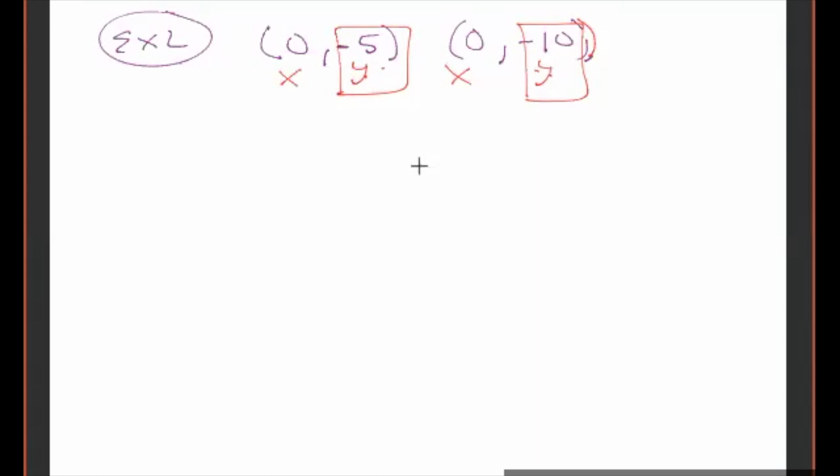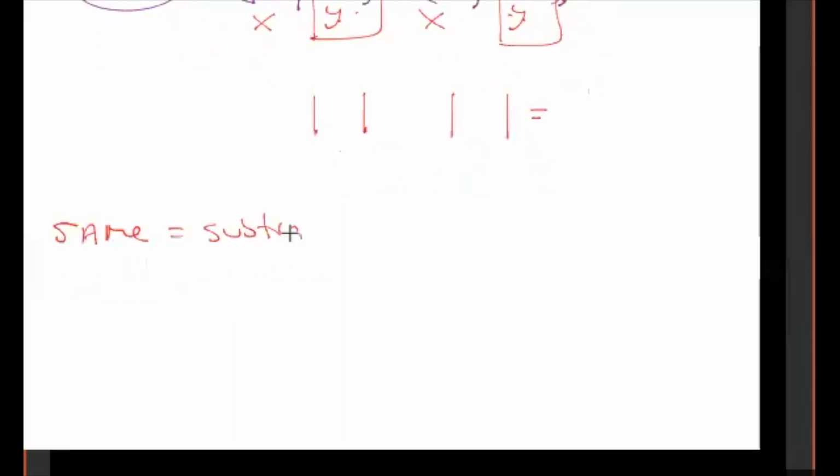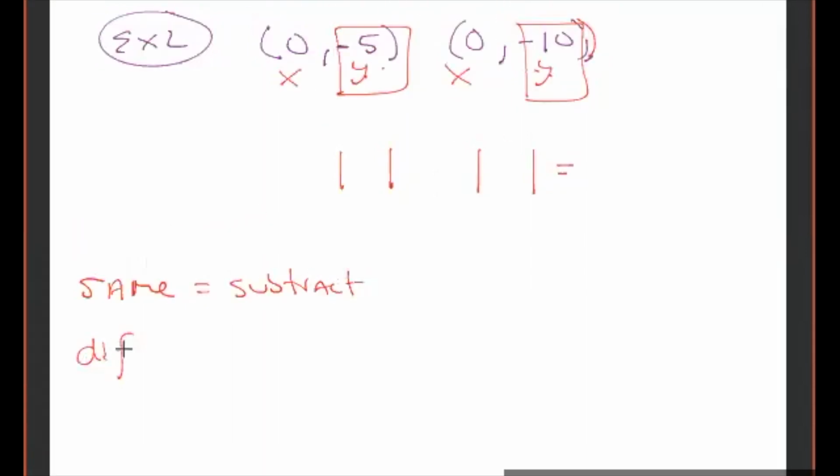So the first thing you should do is write down the absolute values. And here, you're going to decide if it is addition or subtraction. And we say that when they are the same sign, you're going to subtract. When they're different signs, you're going to add them. So we're going to subtract.